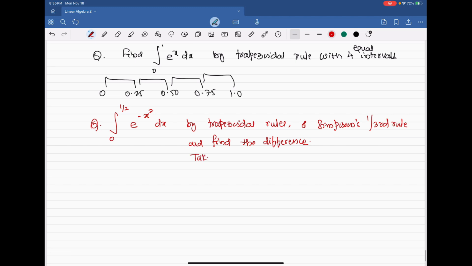Take h is equal to 1 by 8. Then we'll further move to series in the next class.